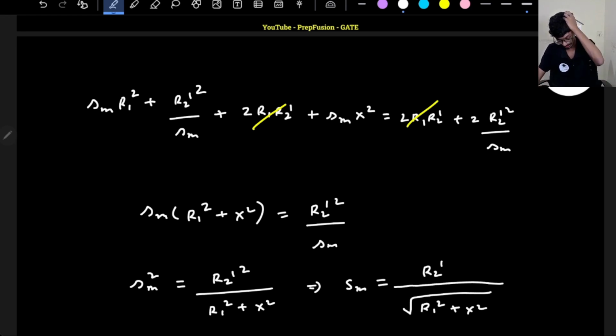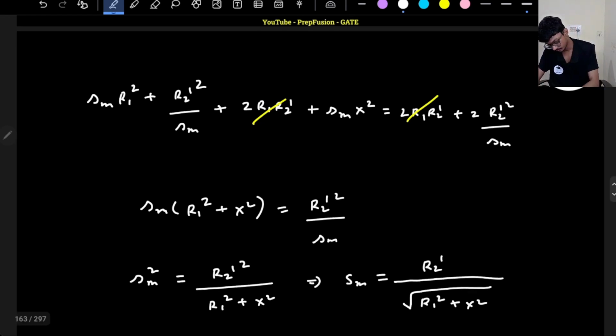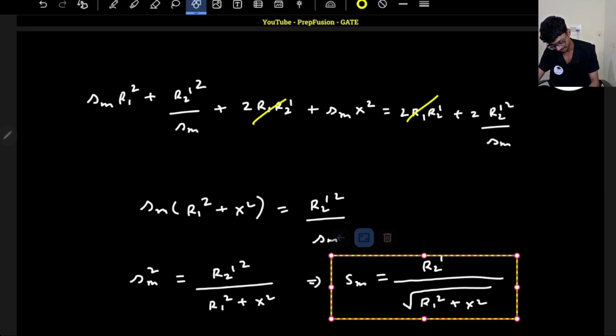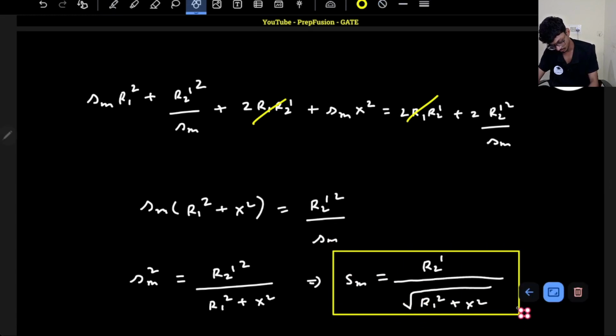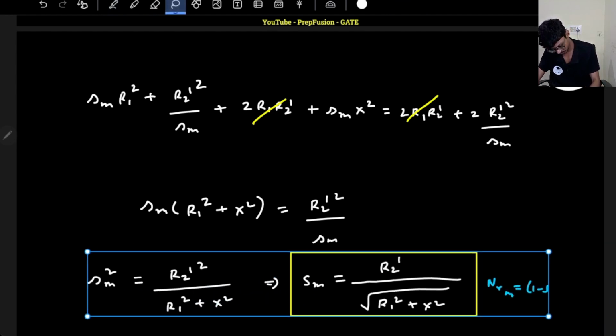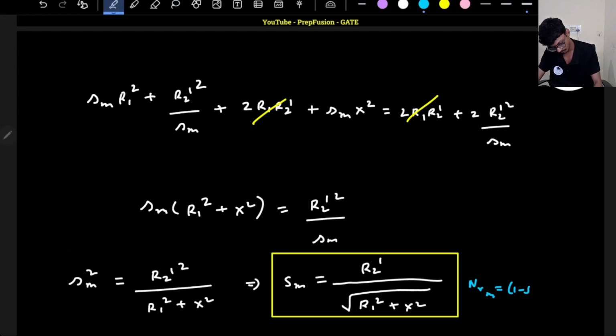So this is basically the maximum slip. This is the condition for maximum torque, slip at maximum torque. From here you will be able to find out nr, correct? Nr max will be 1 minus sm into ns.